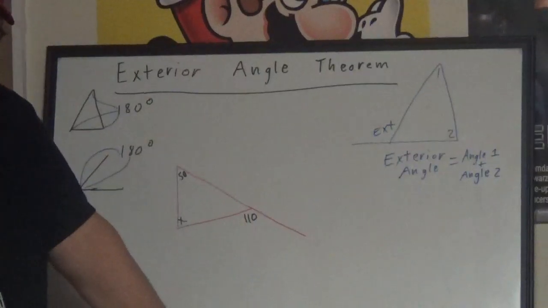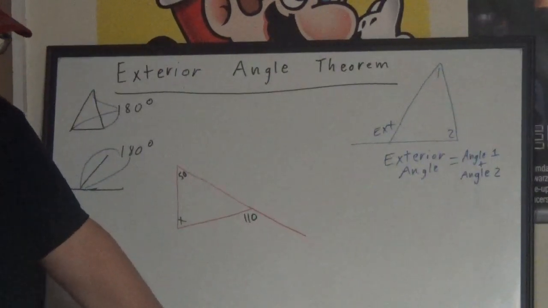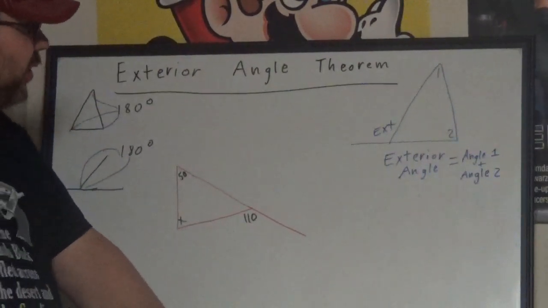And I put a 1 and 2 just as numbering the angles. Those are not measurements. Want to be clear so no one is confused.